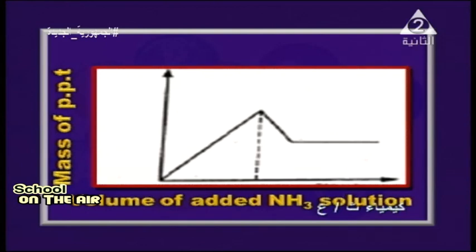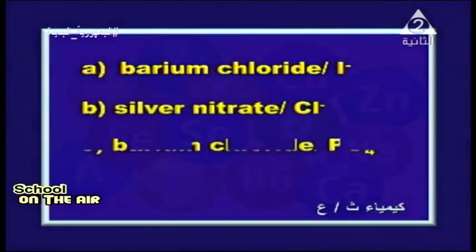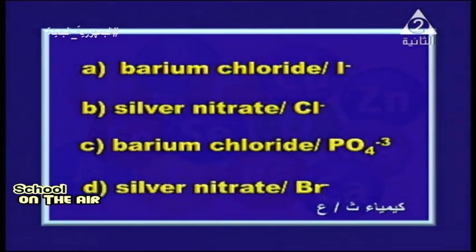So what is the precipitate which will be formed that is slightly soluble in ammonia solution? It will be bromide ion. So is the answer barium chloride and iodide, or silver nitrate and chloride, or barium chloride and phosphate, or silver nitrate and bromide ion? Yes, here it will be silver nitrate, as it forms the precipitate which is slightly soluble in the ammonia solution.